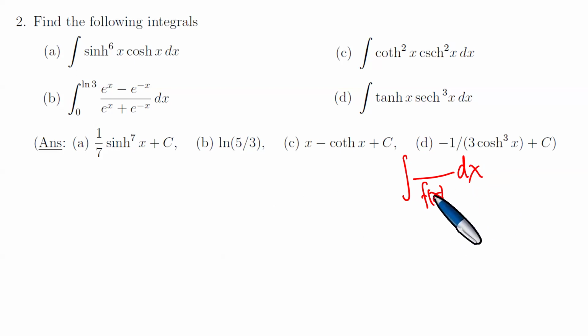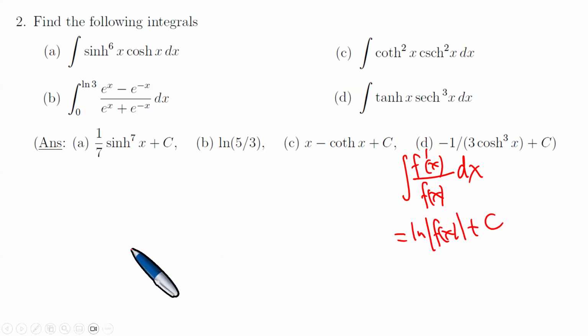If you have a function f of x in the denominator whose derivative appears in the numerator, normally they love these in your assessments, the answer becomes the natural log of f of x plus the arbitrary constant of integration, c.